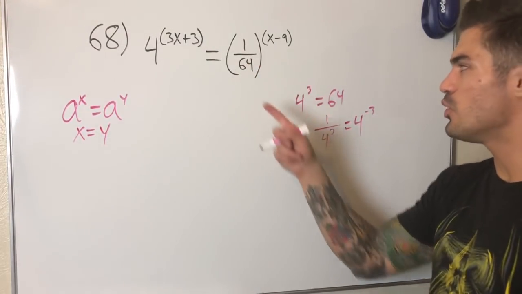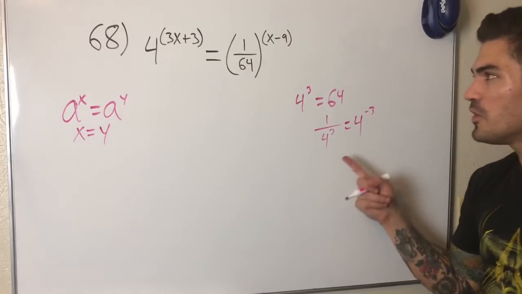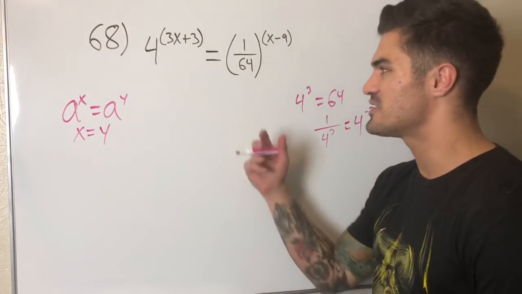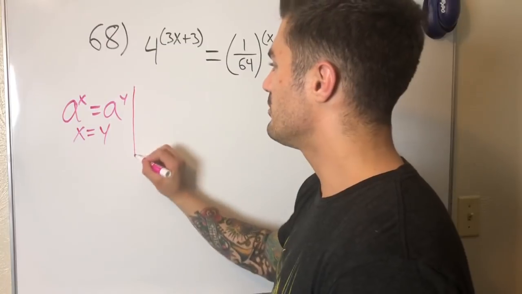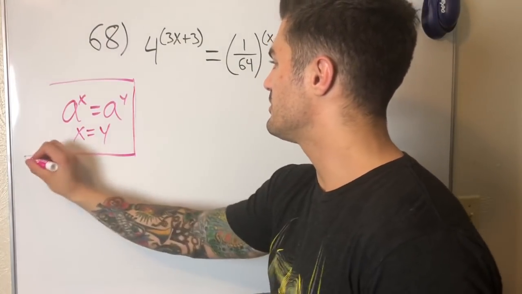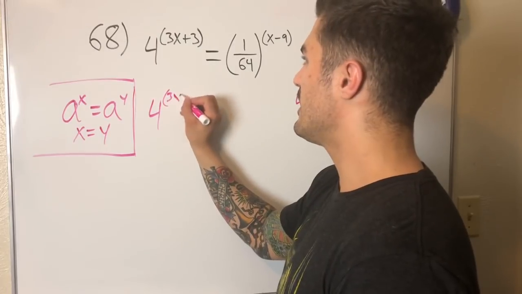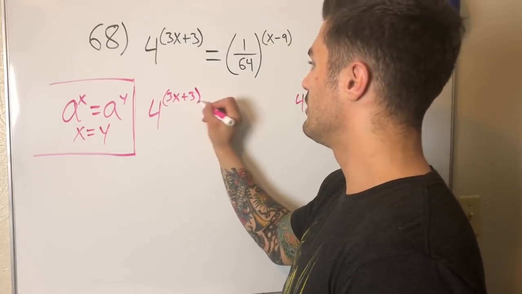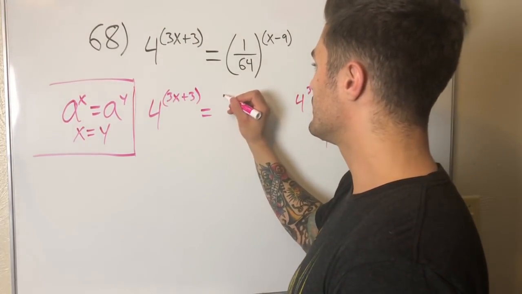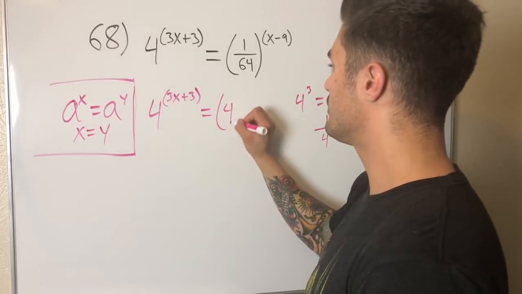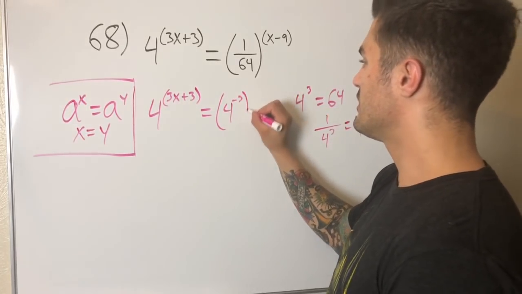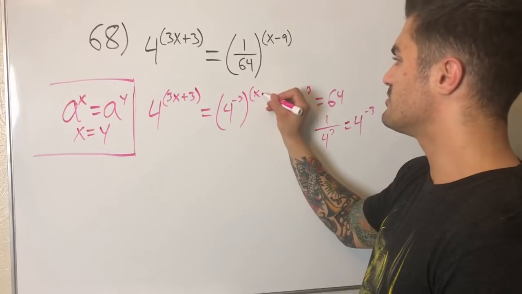So I can replace this 1 over 64 as 4 to the negative 3rd. So that's exactly what I'm going to do here. I'm going to keep that separate. So let's see, I have 4 to the 3x plus 3. And that equals 4 to the negative 3rd, and this is still to the x minus 9 power.